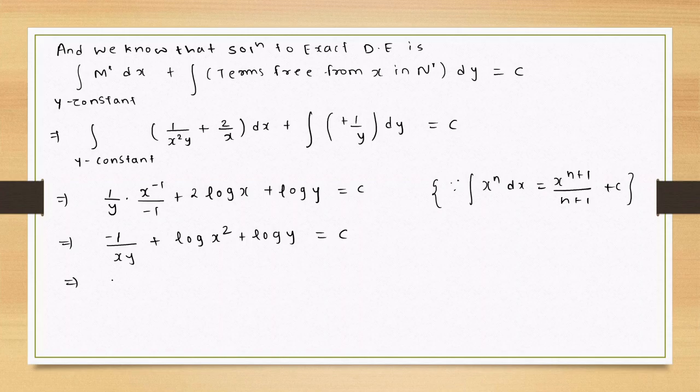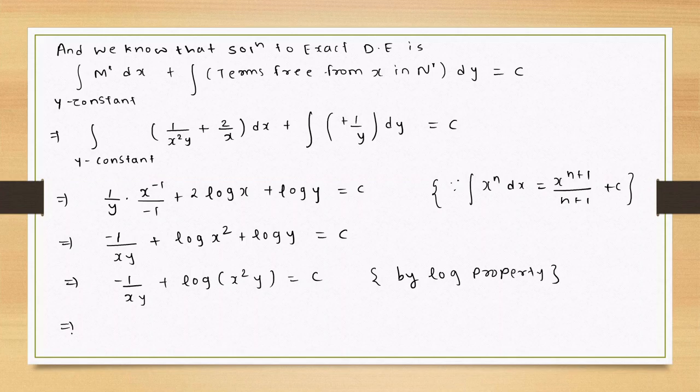So we can write it as minus 1 upon xy plus log of x square y equals c, by the log property.